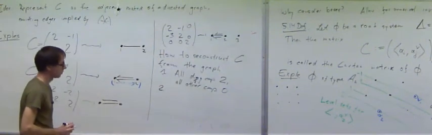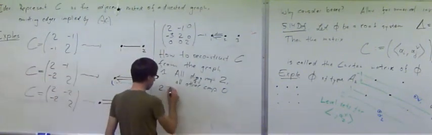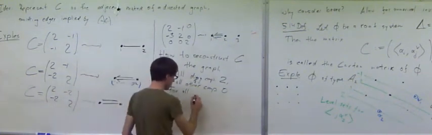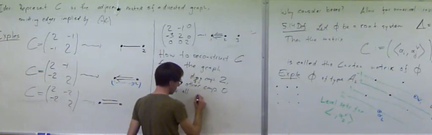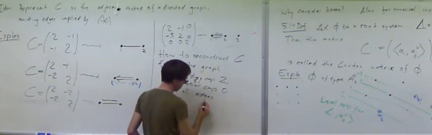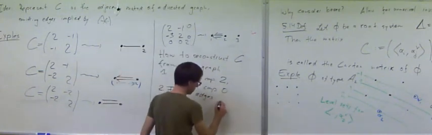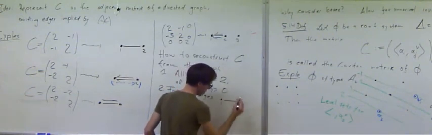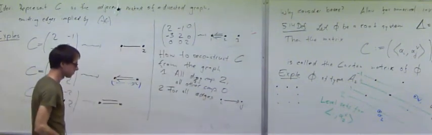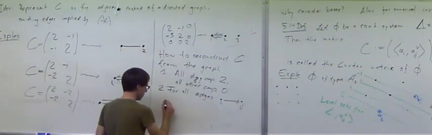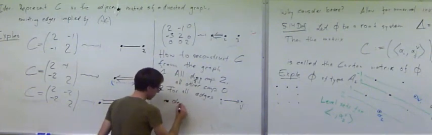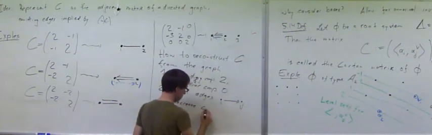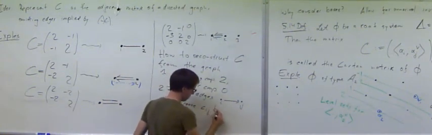Then for all edges, say I, J, decrease C, I, J by 1.